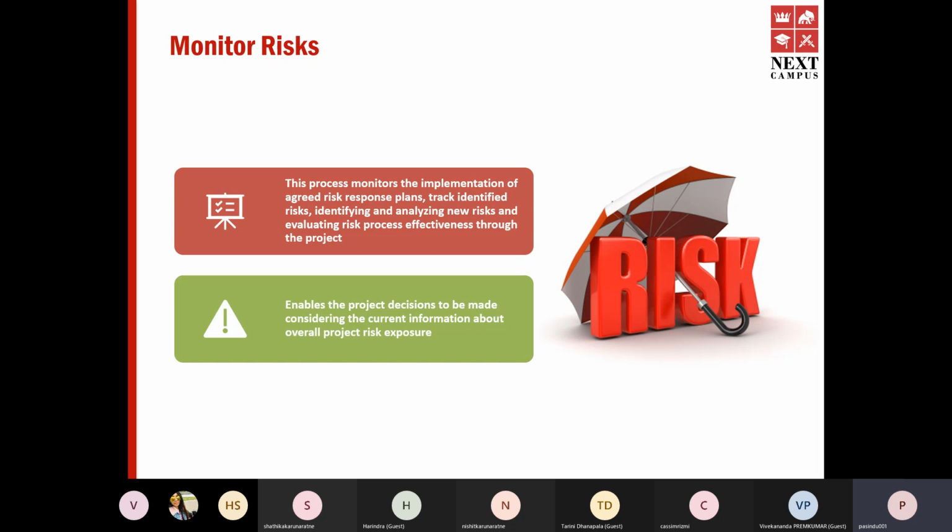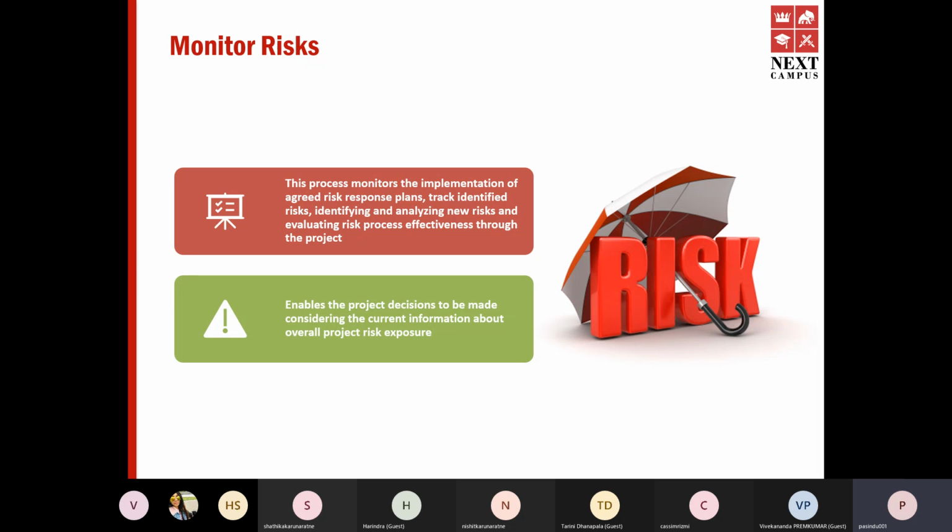It monitors the agreed risk response strategy. It also monitors for new risks that might surface. And it also evaluates the effectiveness of the risk responses that you implemented.